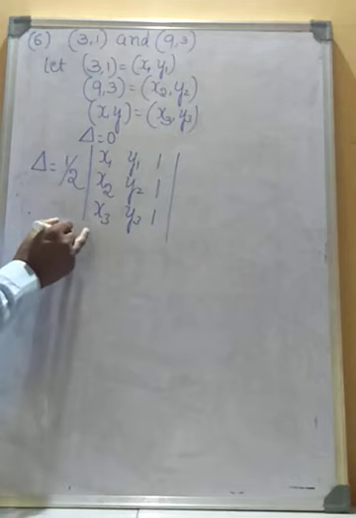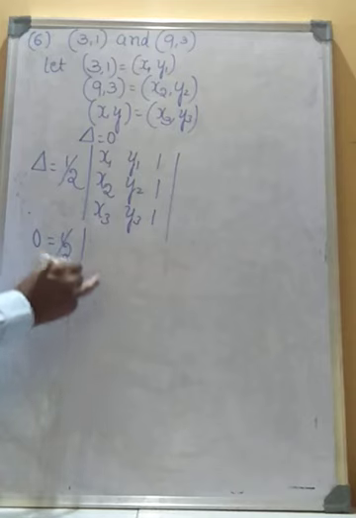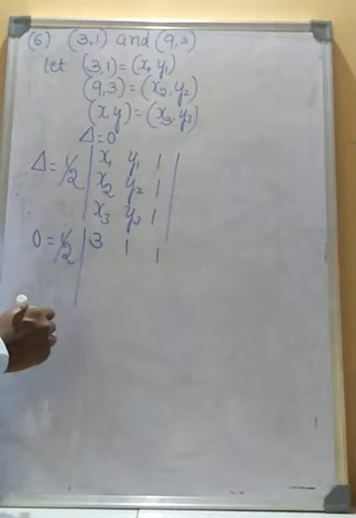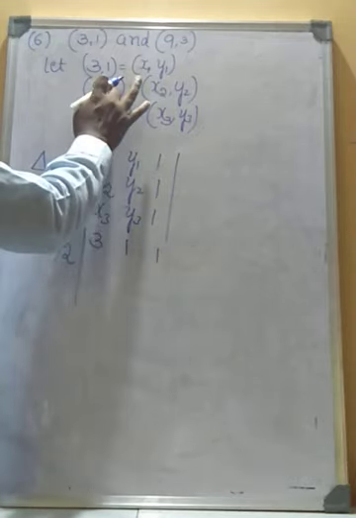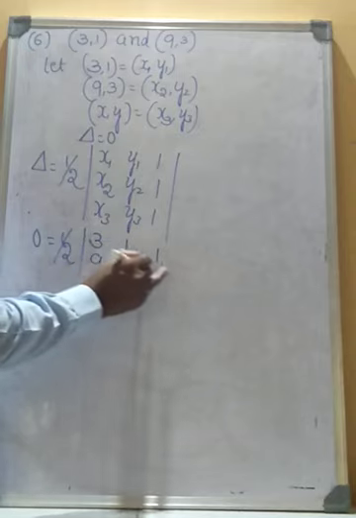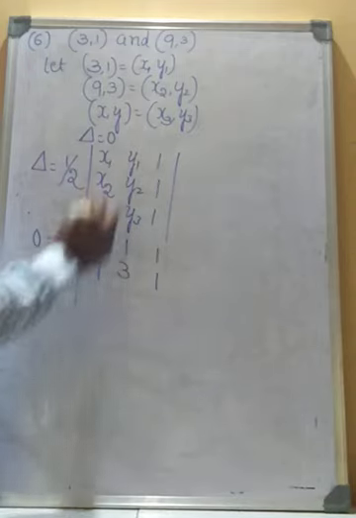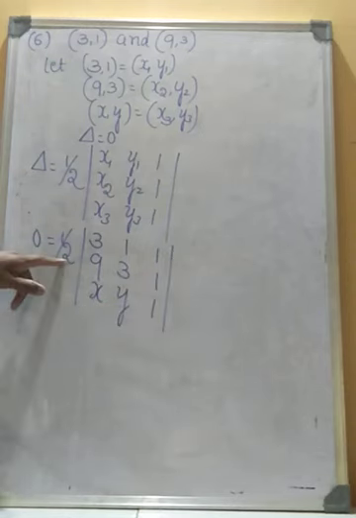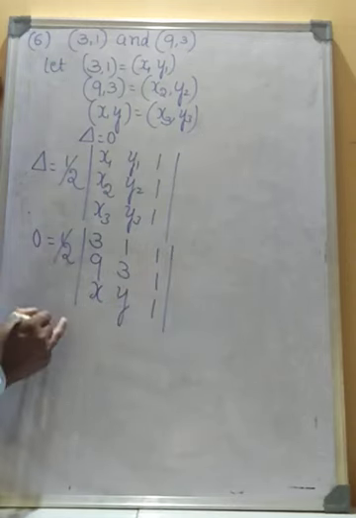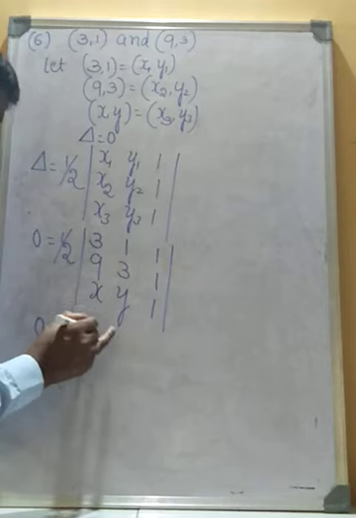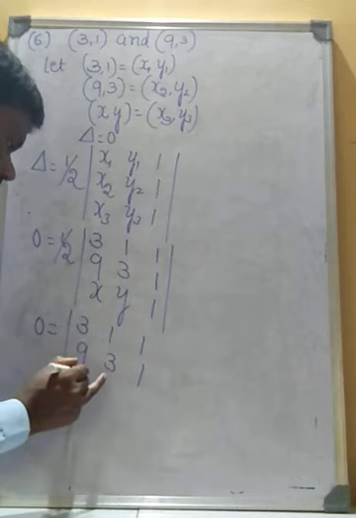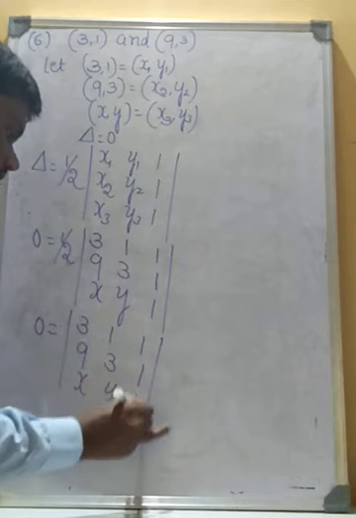Delta is 0 equals 1 divided by 2 determinant of 3 1 1, 9 3 1, x y 1. Cross multiply: 0 equals determinant of 3 1 1, 9 3 1, x y 1.